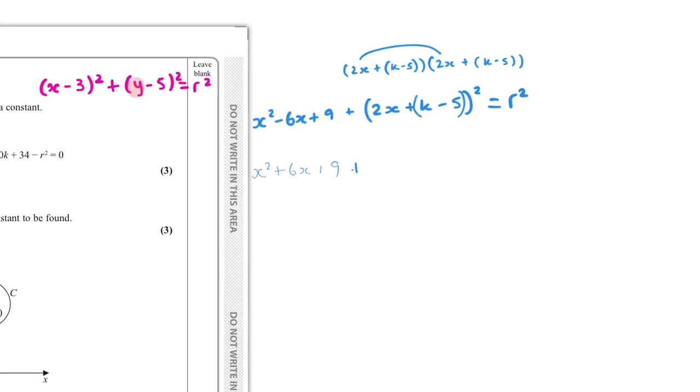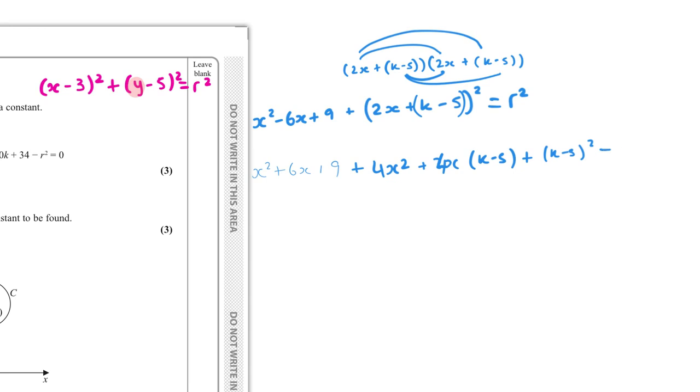Okay, so we go 2x times 2x, 4x squared. 2x times k minus 5 is plus 2x bracket k minus 5. Then we've got the 2x times this again. Okay, so we're going to actually end up with 4x, because 2x, lots of that, plus 2x, so that's 4x. Then lastly, we're going to have plus k minus 5 all squared.